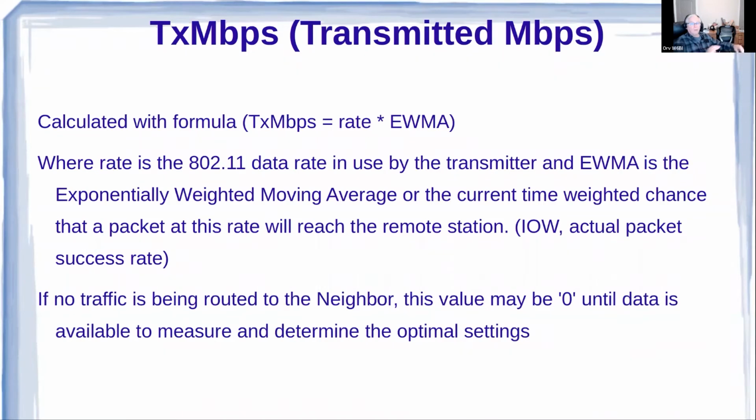Also, when you first bring up your node and you're looking at the mountaintop, all the TXmbps's are pretty close to 0, because if you've got nothing to measure, there's nothing to indicate. So you have to wait for some traffic to pass before TXmbps is legitimate and valid.